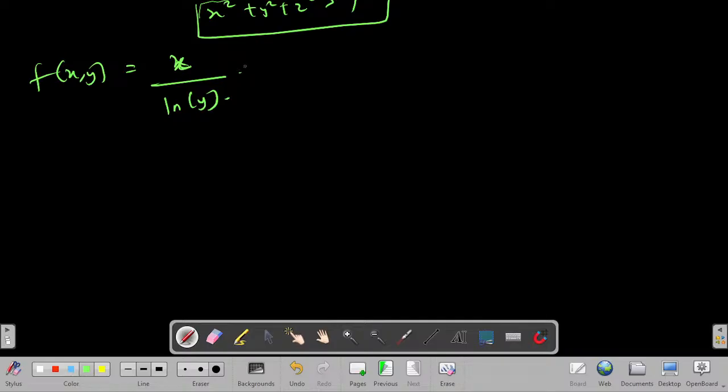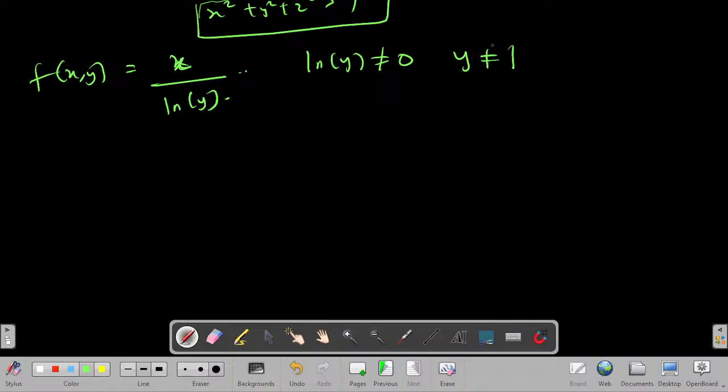To solve this, you definitely know that ln y shouldn't be equal to 0. If the denominator becomes 0, the entire thing becomes invalid. And remember that when y is 1, ln 1 is 0. Therefore, y can't be 1.